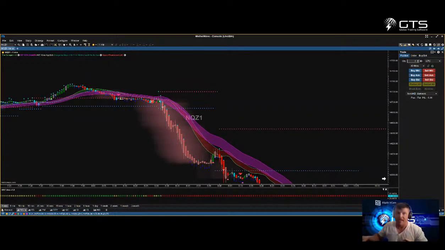But on the 3-minute and the 5-minute, there was a good 6-star. So we took that on the 1-minute after a break of the support at 633, which was right around here. There was some support right here on a different time frame, and we took the trade after that.